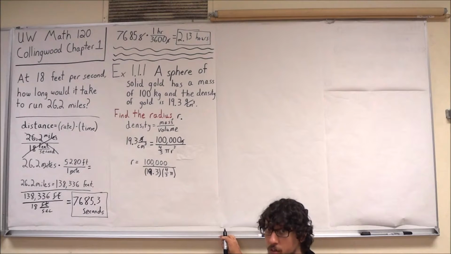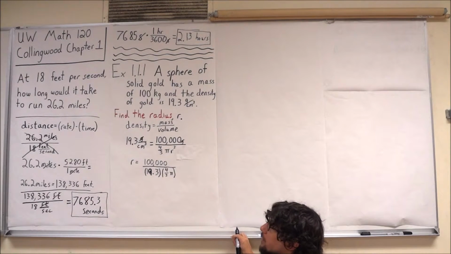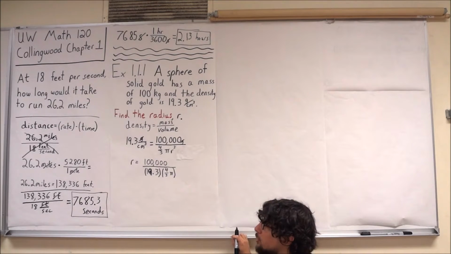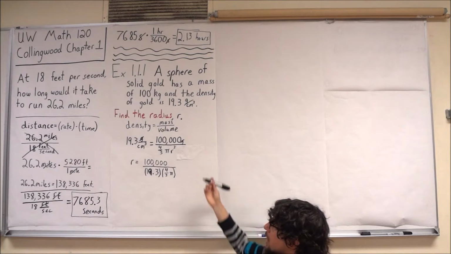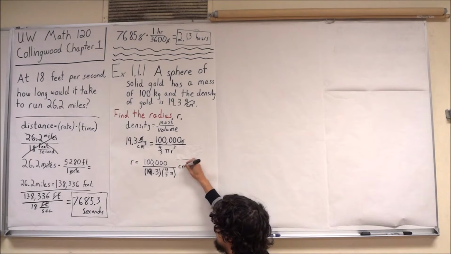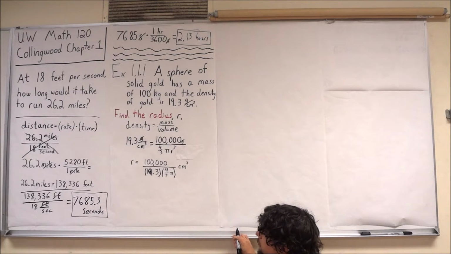I can really think of it as a quantity. I can think of multiplying the left-hand side and the right-hand side of this equation by centimeters cubed. And then on the left-hand side, my centimeters cubed will cancel, and I'll find that this right-hand side is now in terms of centimeters cubed.